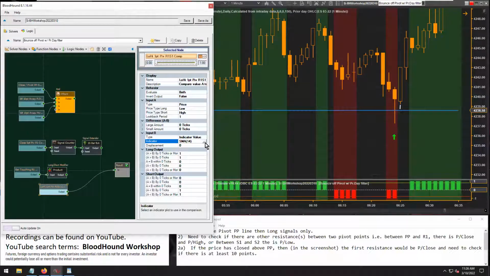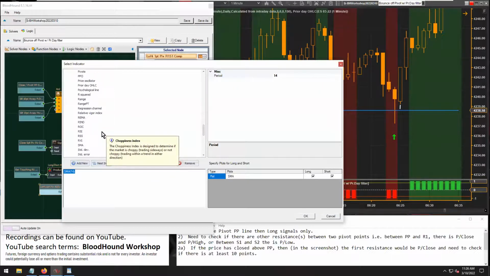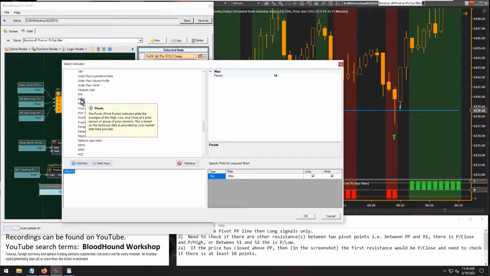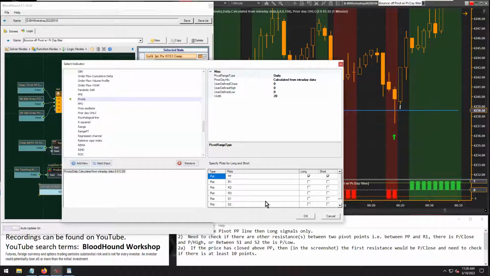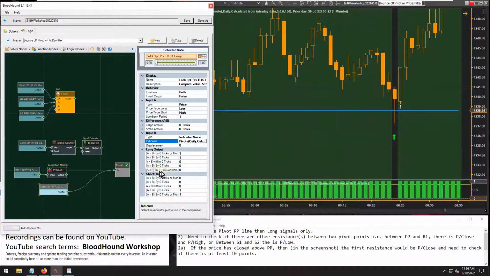So input B, that's going to be our pivots indicator once again. And there's our pivots indicator. And so for a long, a long bounce off of R1 and a short bounce off of S1. There.